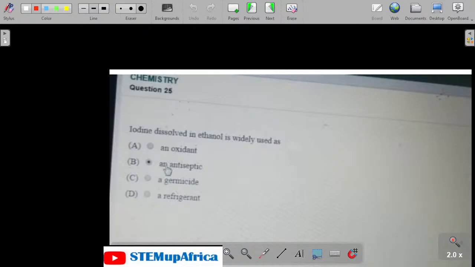So iodine dissolved in ethanol is widely used in what? Don't forget, iodine is in group 7, where you also have chlorine, iodine, and astatine. So when we dissolve iodine in ethanol, what can we use the product for? Is it an oxidant, antiseptic, a germicide?